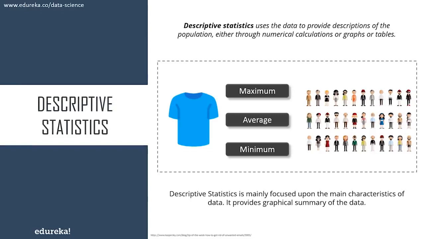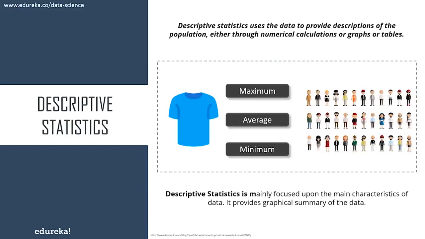All right. So guys, descriptive statistics is a method which is used to describe and understand the features of a specific data set by giving a short summary of the data. Okay, so it is mainly focused upon the characteristics of data. It also provides a graphical summary of the data. Now, in order to make you understand what descriptive statistics is, let's suppose that you want to gift all your classmates a t-shirt.